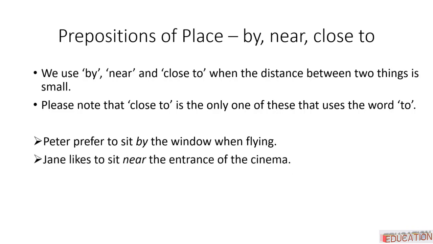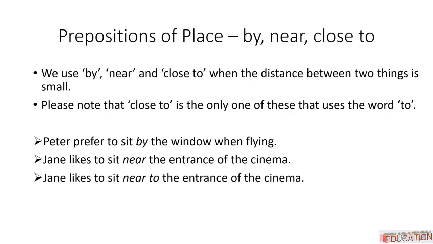Jane likes to sit near the entrance of the cinema. If we have Jane likes to sit near to the entrance of the cinema, the to is wrong there. We don't need that. The first version, Jane likes to sit near the entrance of the cinema, is correct. However, don't stand so close to me.